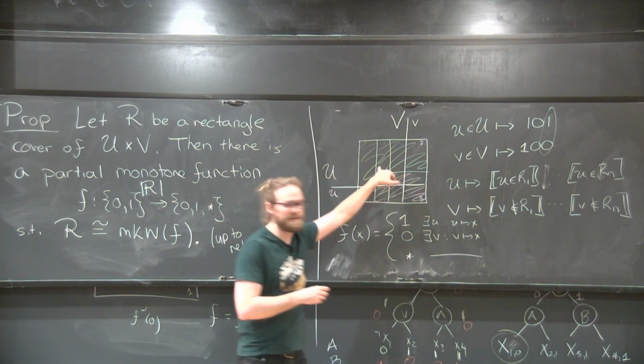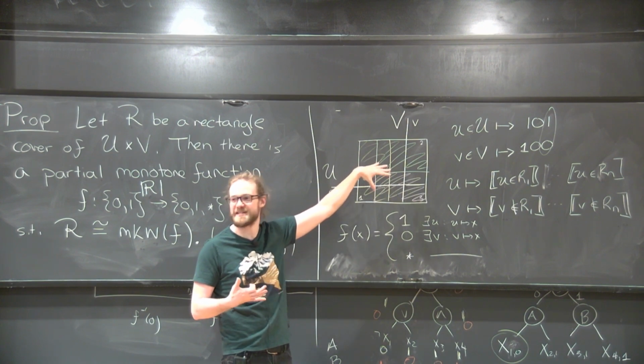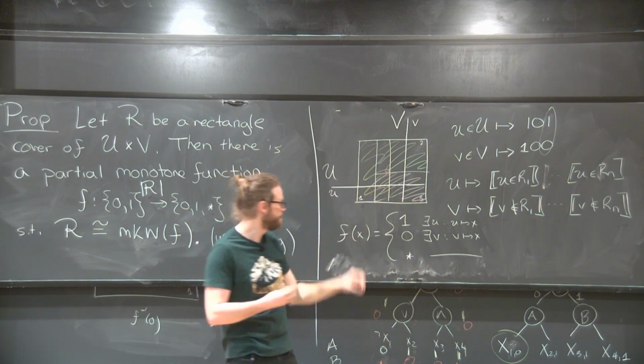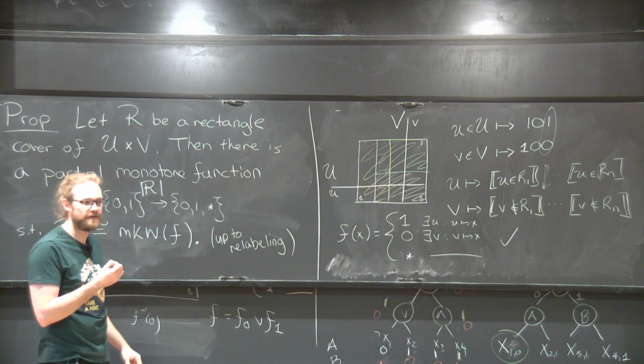That violates this being a cover, since the rectangles must miss at least one input. So this is definitely a partial function. Does that make sense? Are there any questions about that?